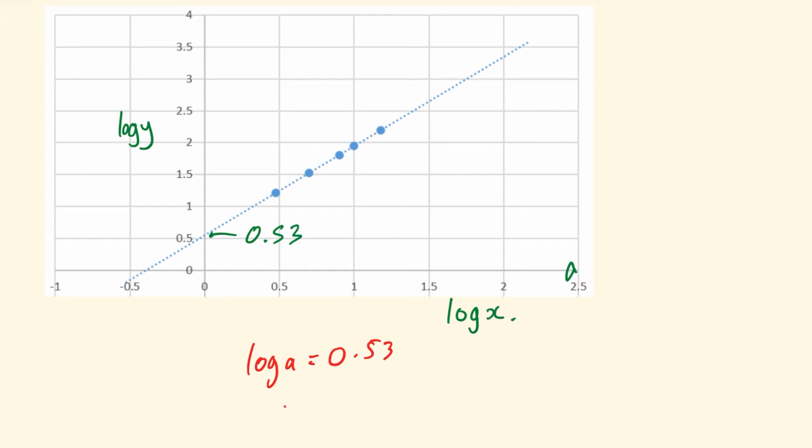Remember, this log is base 10, so our opposite is 10 to the power of, which means our a value is going to be 10 to the power of 0.53, which is 3.39 to 2 decimal places.